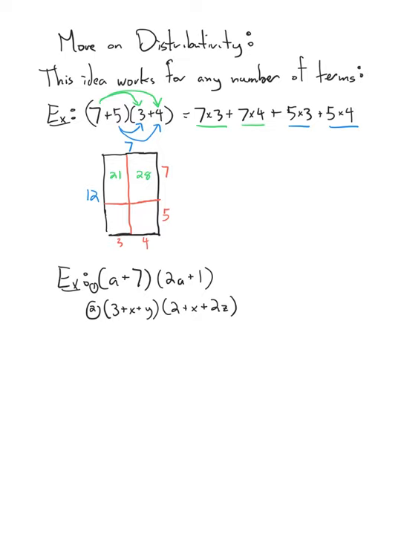A quick note about distributivity. We showed it for just one number multiplied by a bracket that had 2 things in it. But this holds in general for everything. Let me show you why. 7 plus 5 is the same, of course, as 12.